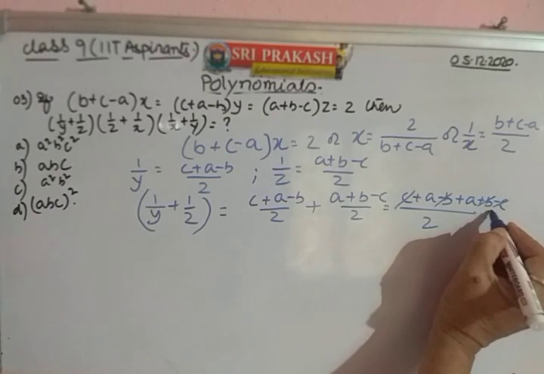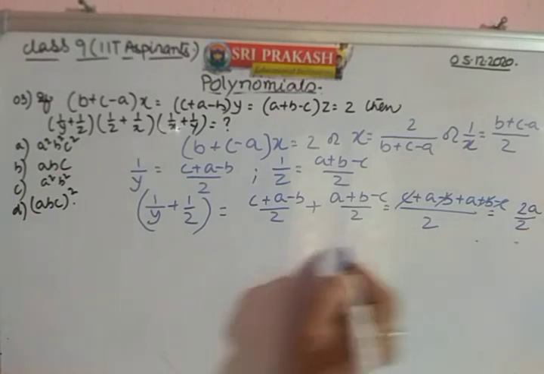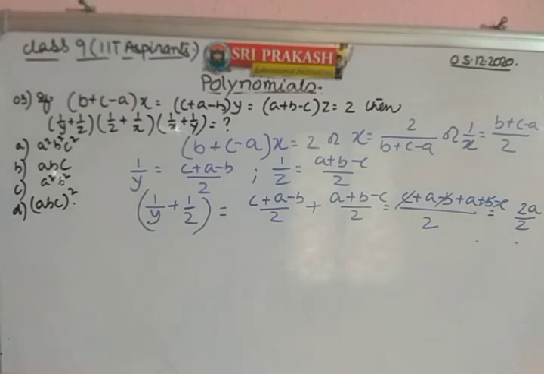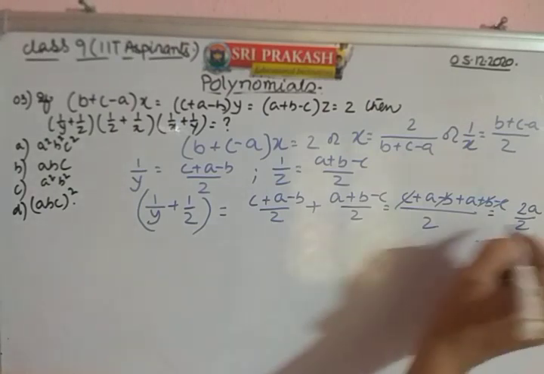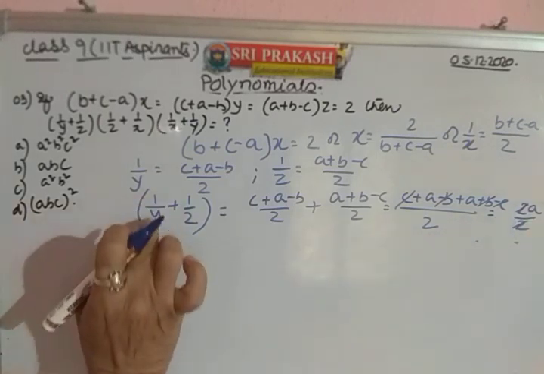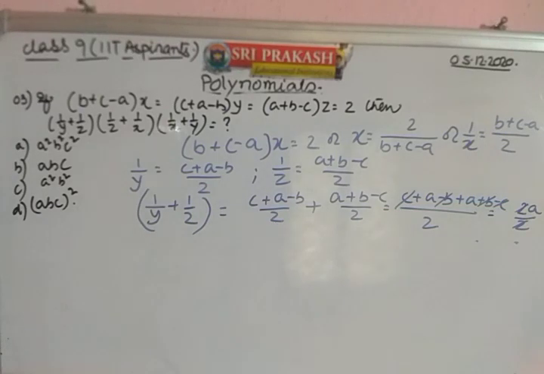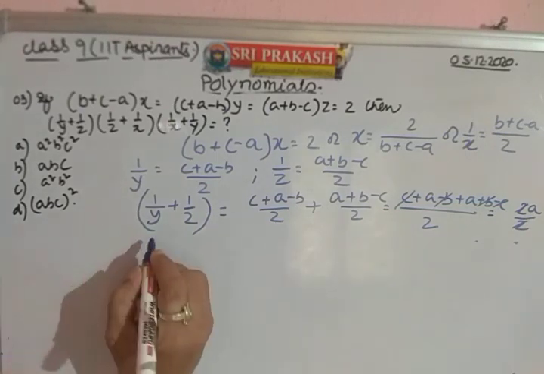So what you get? 2a by 2 or a, because 2 cancels. So what is the value of 1 by y plus 1 by z? A.